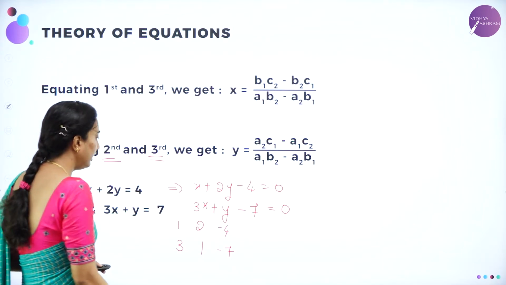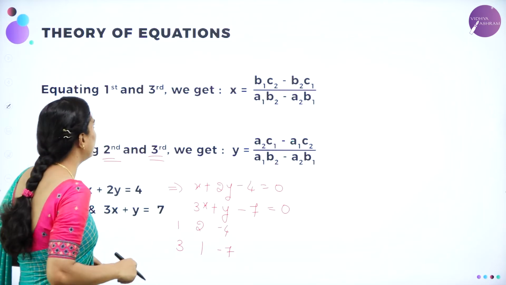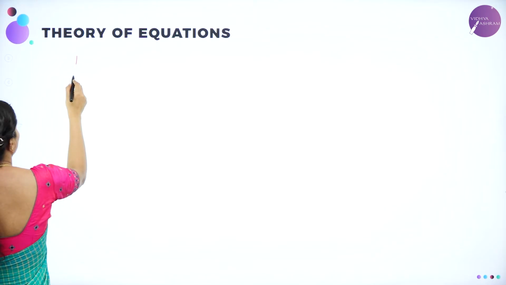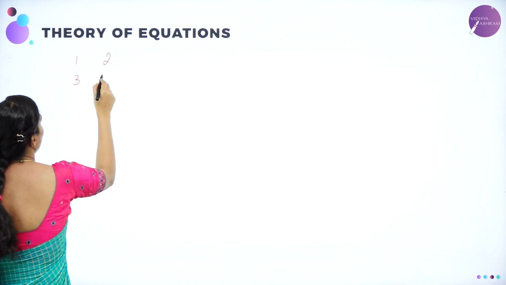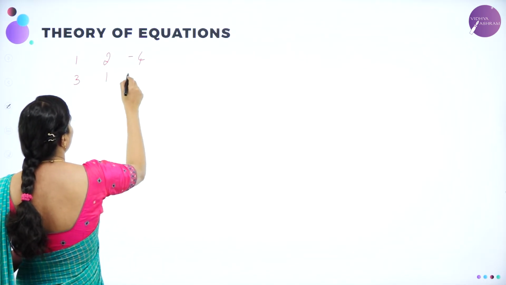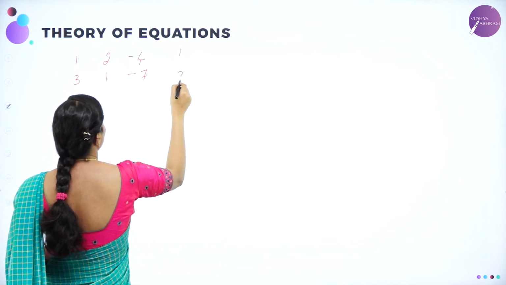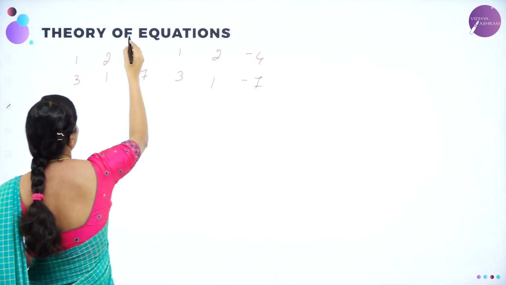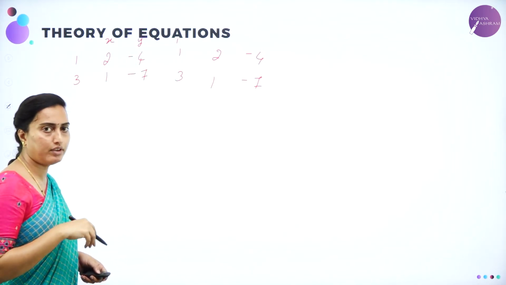Got it? Similarly, repeating the same values: 1, 3, then 2, 1, then minus 4, minus 7, and again 1, 3, 2, 1, minus 4, minus 7. Writing here x, y and 1. Correct? That's what we are doing.